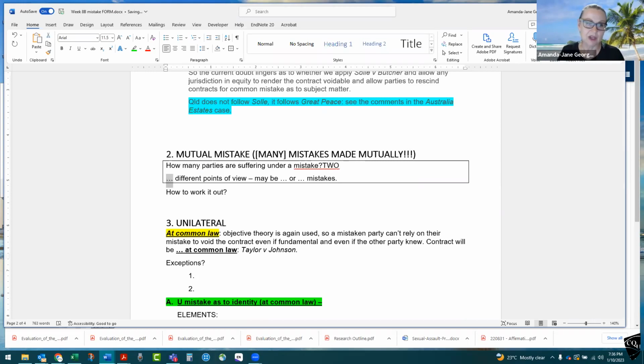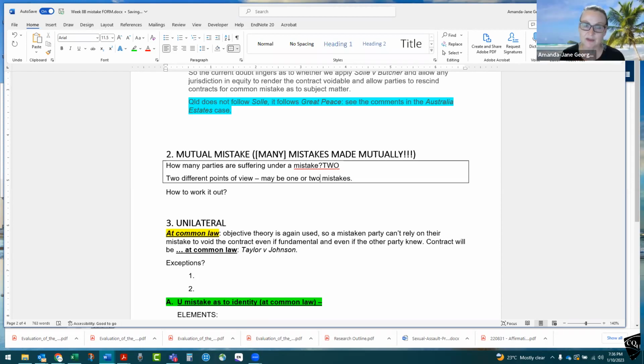And so we have two different points of view, but then maybe how many mistakes? If they've made the same mistake or different mistakes.